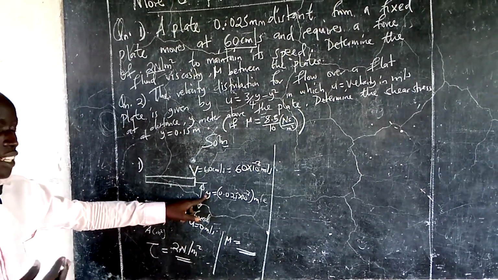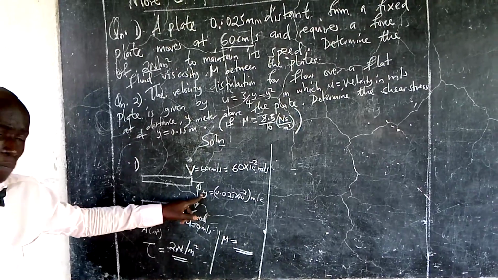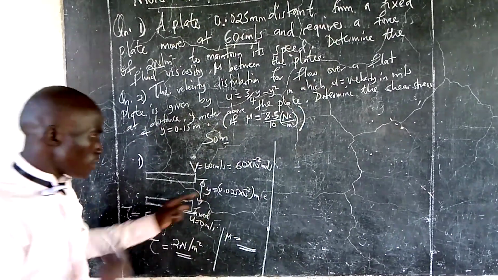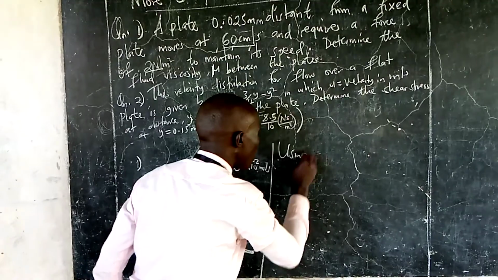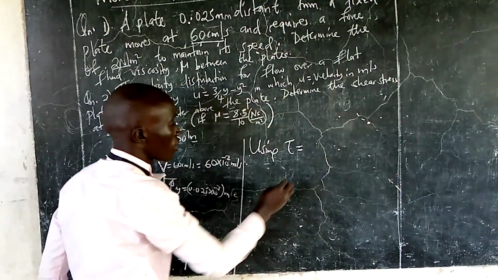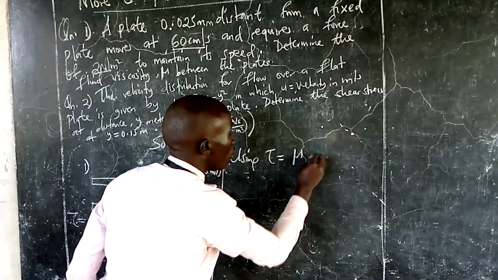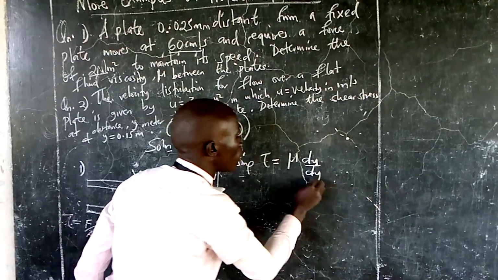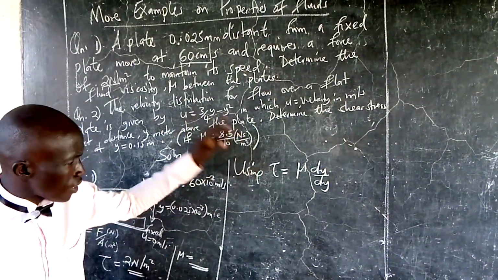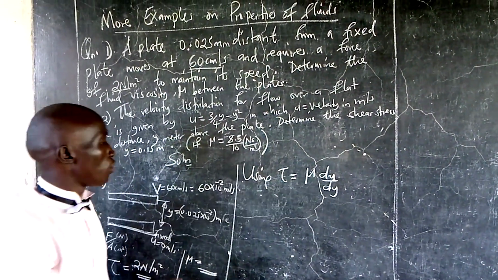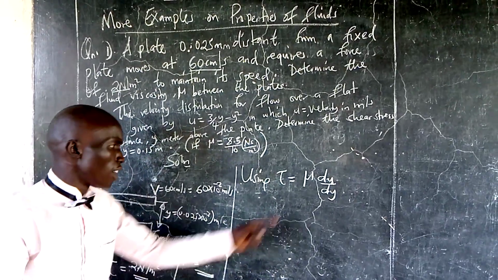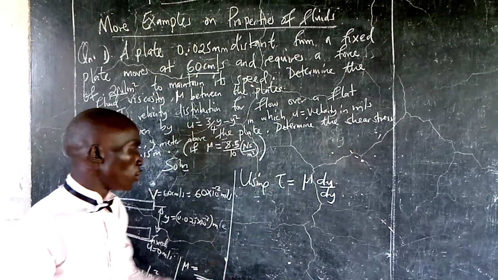That means it's asking us to use Newton's law of viscosity, where tau, shear stress, is the same as mu du/dy. You get? That's our Newton's law of viscosity, which is mu du/dy. So what is mu? Mu we don't know.